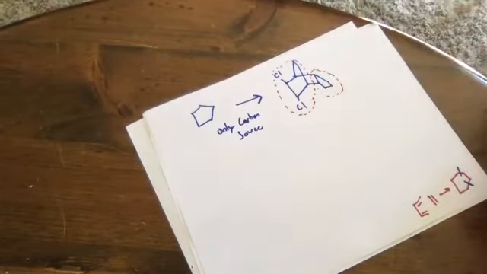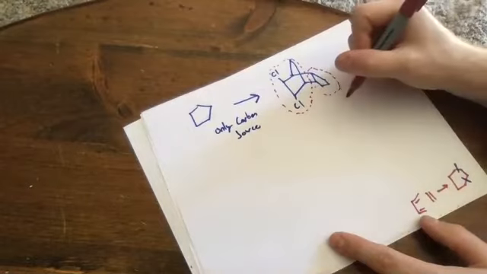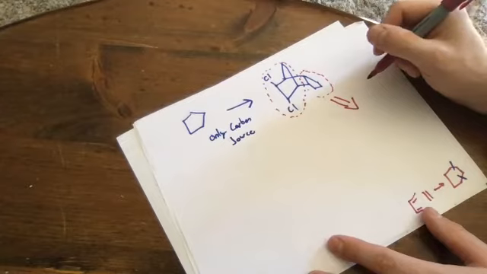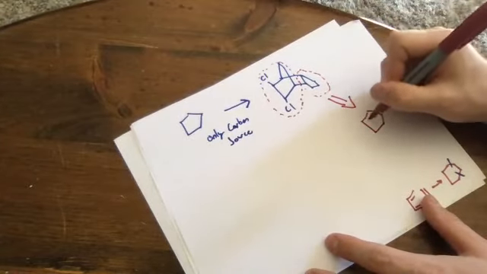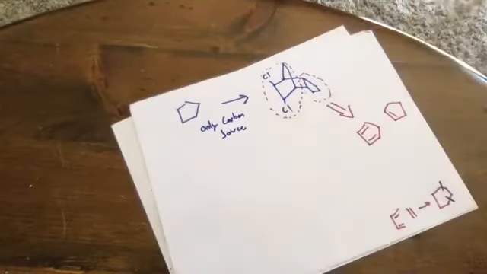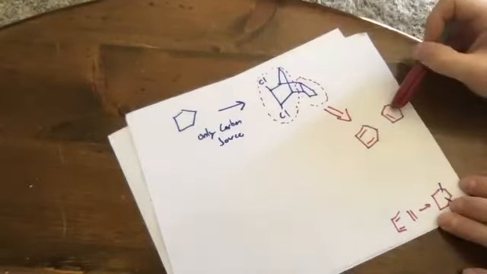If I ignore the chlorines and just think about how I would put this together, I probably want these two. This one's going to be my diene, this one's going to be my dienophile.